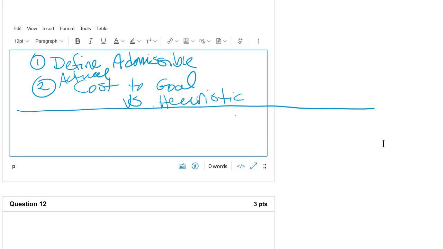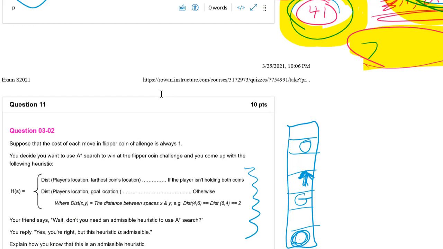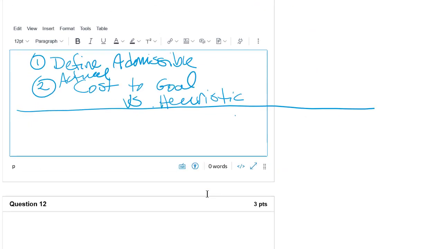So let's talk about the actual cost to the goal versus the heuristic. To do that, we need to think about both of the possible cases for the heuristic. Either the player is not holding both coins or the player is holding both coins.